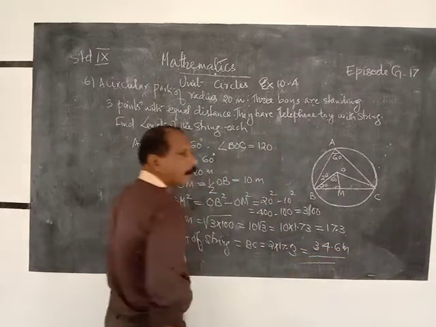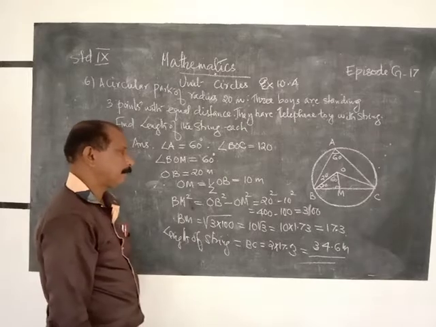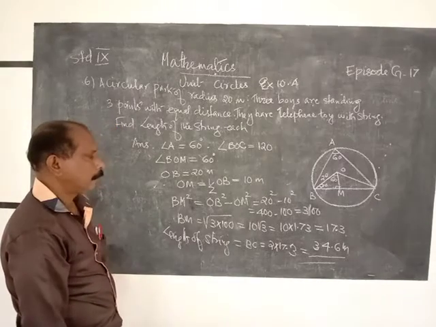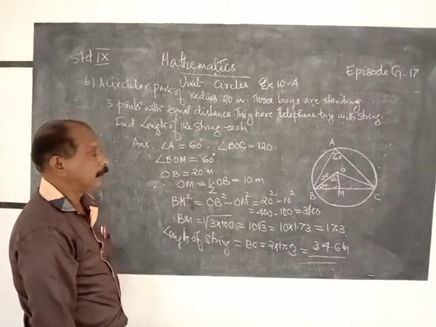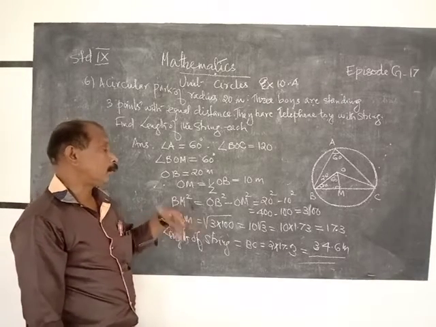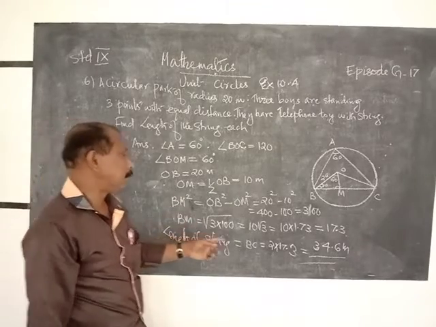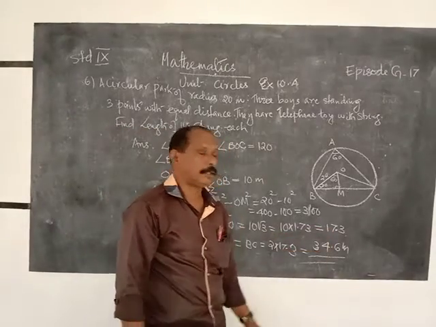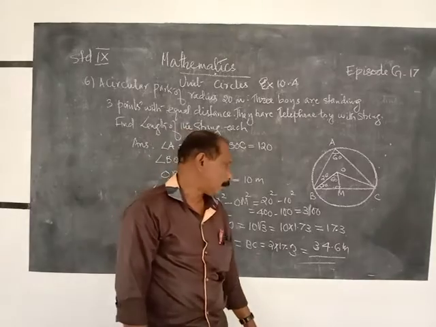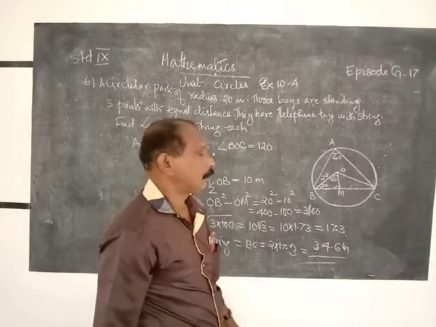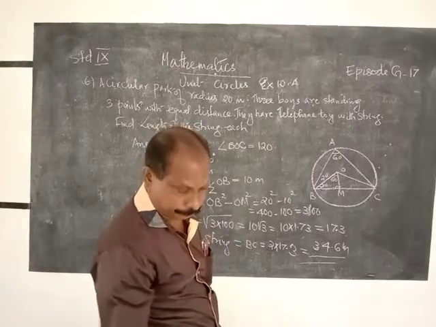That is the answer. OM bisects BC. Therefore, BC is twice of BM. Twice of BM is equal to 34.6 meter. That is the length of the string. Clear?